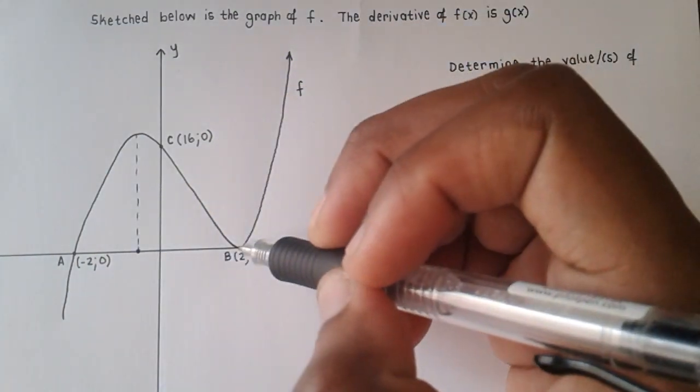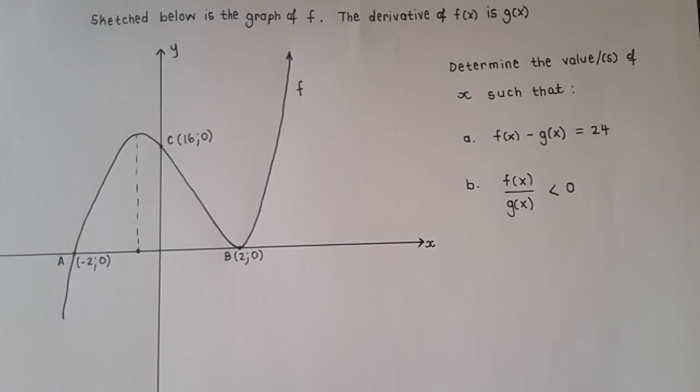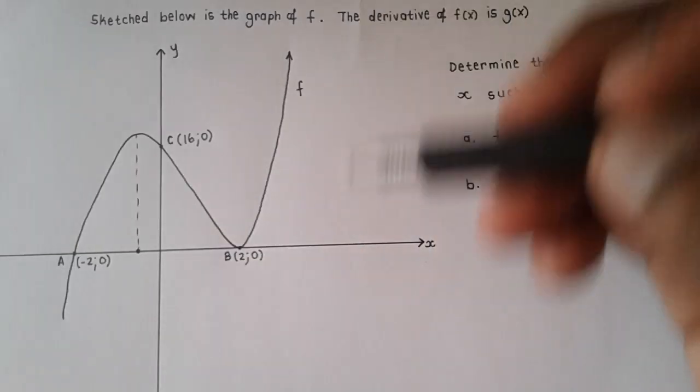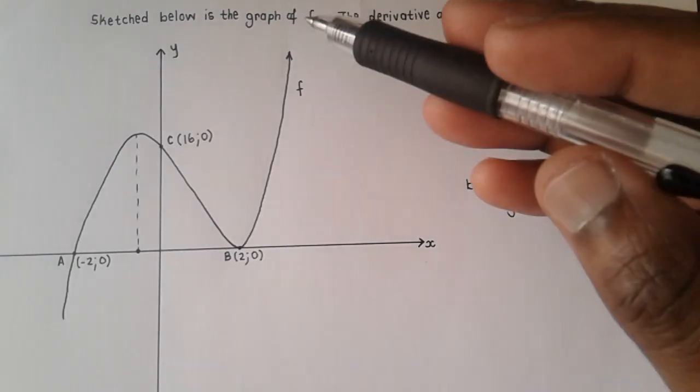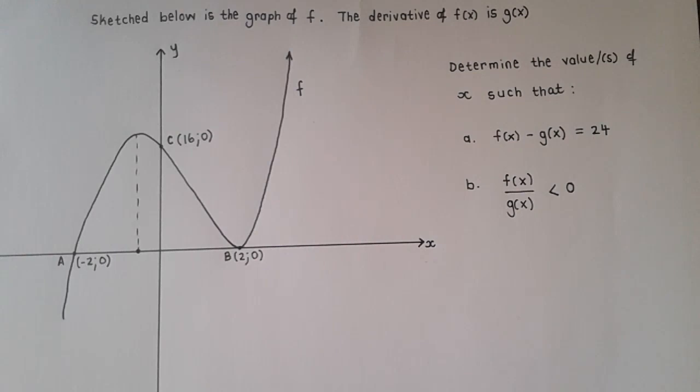In other words, it's going to share that point. So let's draw in the derivative function. If f is cubic, the derivative function is obviously a parabola.